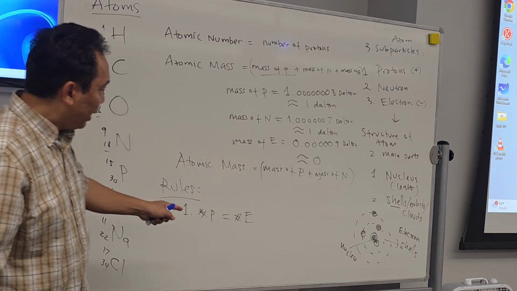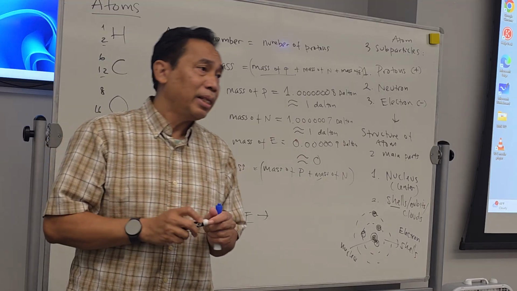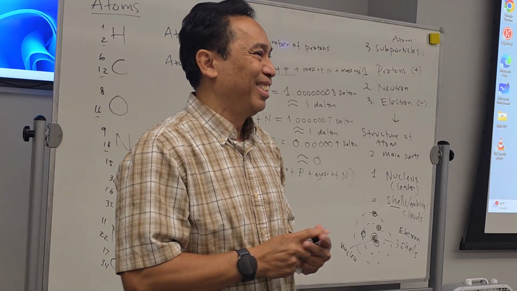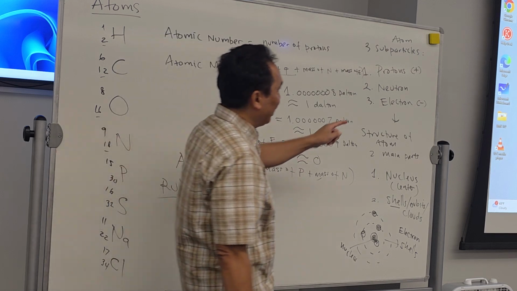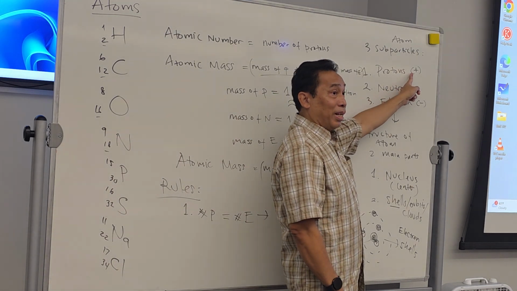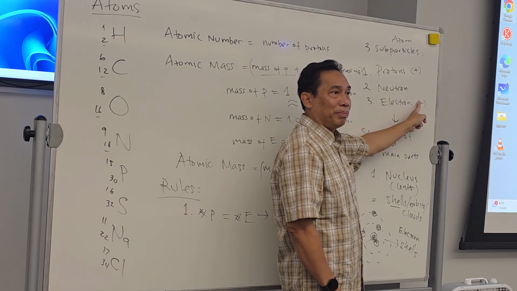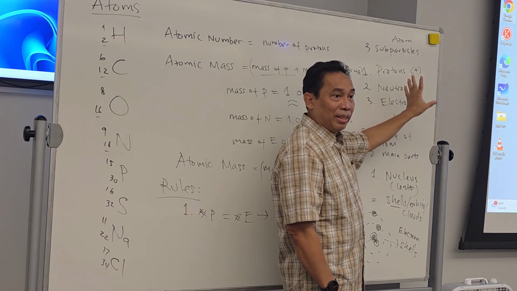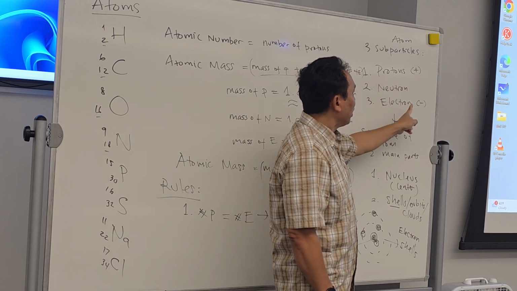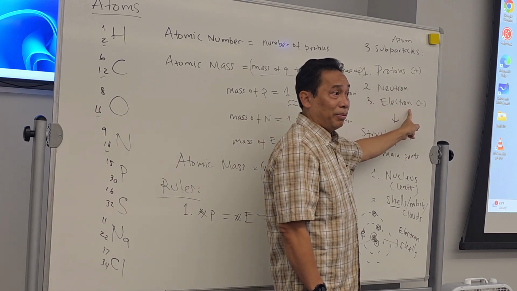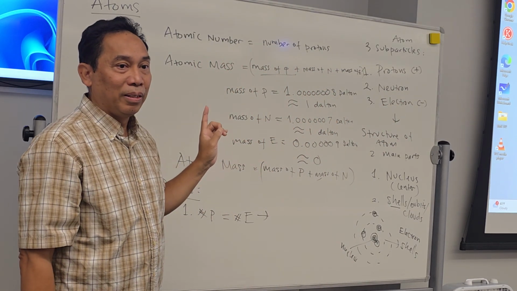Okay, if you see this, what do you think? Does the atom have charge or not? Are you sure? Look, the proton is positive, right? And then you have the neutron, and the electron is negative. So in every atom, the number of protons equals the number of electrons. Let's say hydrogen. How many protons does it have? 1.